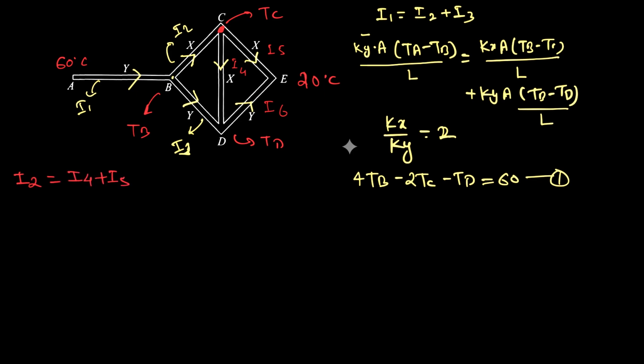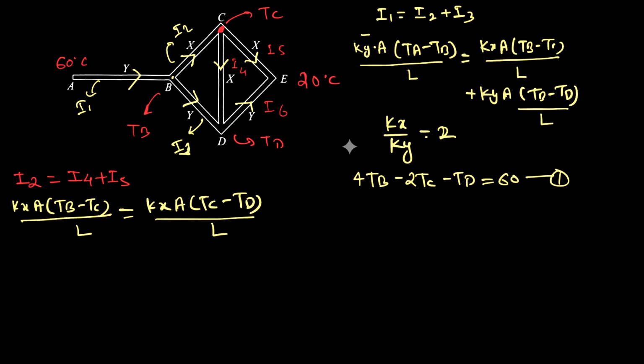If I substitute the values, I'll get Kx into A into (TB minus TC) divided by L is equal to Kx into A, that is (TC minus TD) divided by L, plus Kx into A, that is (TC minus TE) divided by L, talking about this terminal.